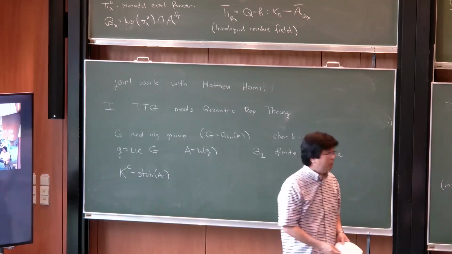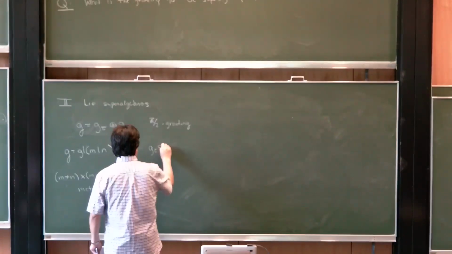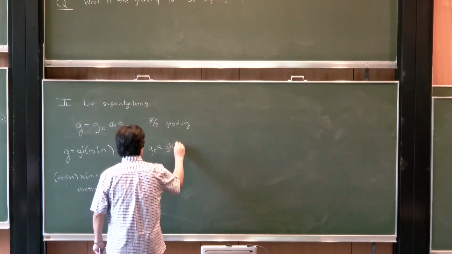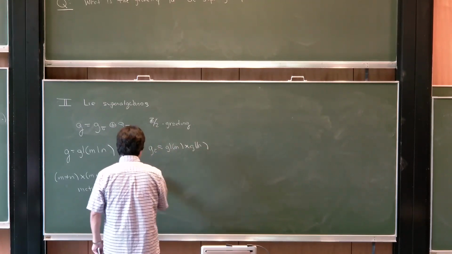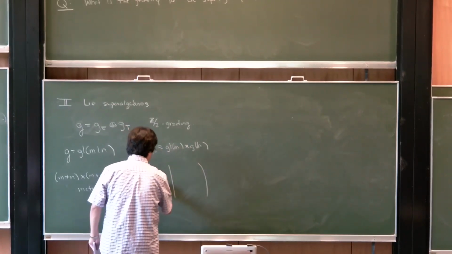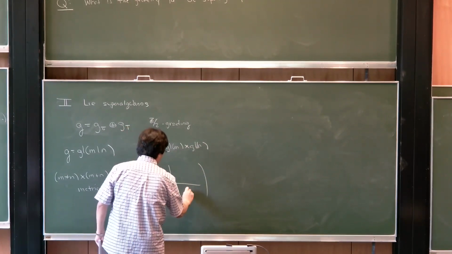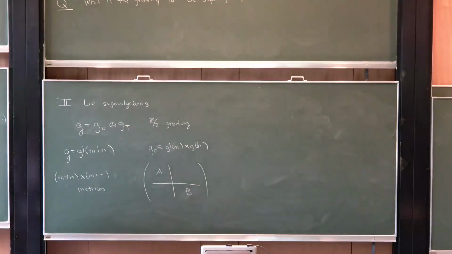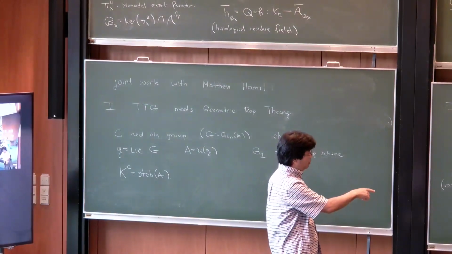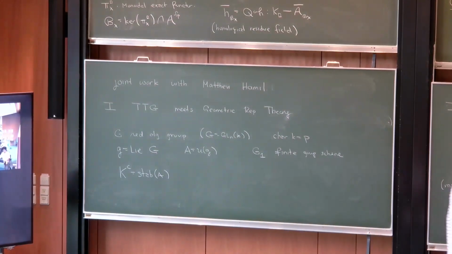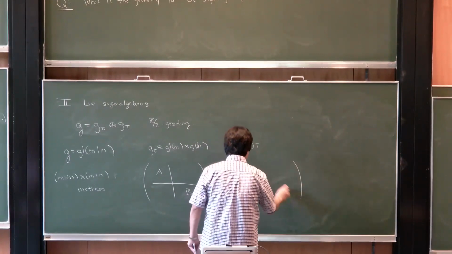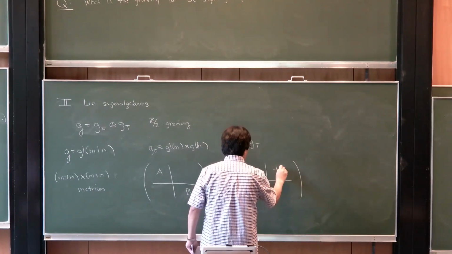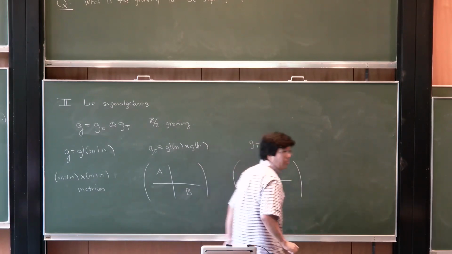And the G0 component looks like GLM cross GLN. Basically they're matrices where you put things on the blocks, an M by M block and an N by N block.